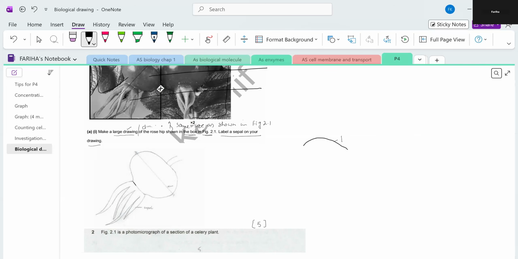Let's suppose you have drawn this rosehip fruit and then you draw the sepal in this way, then 1 mark will be deducted. Why will 1 mark be deducted? Because you haven't delimited this fruit or this sepal.